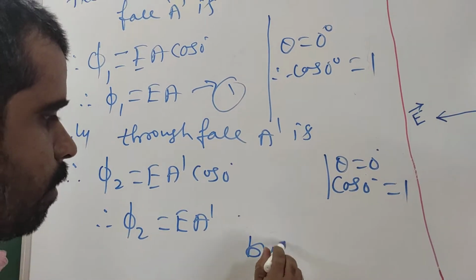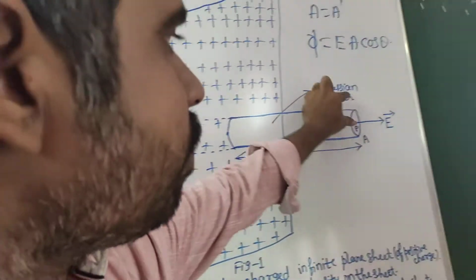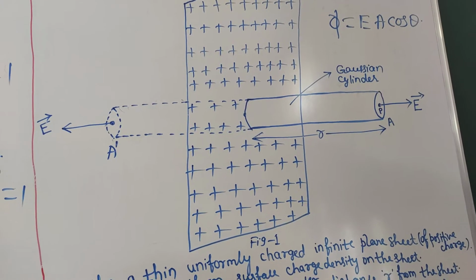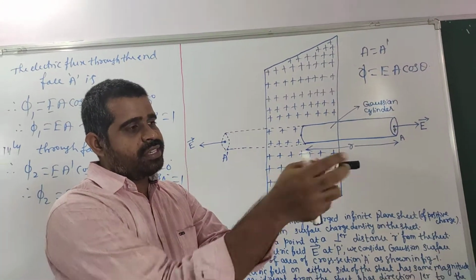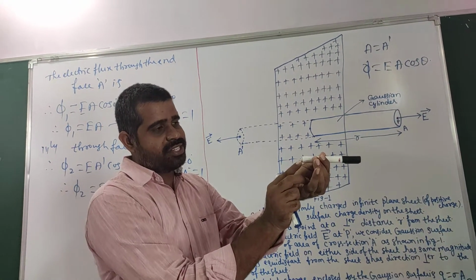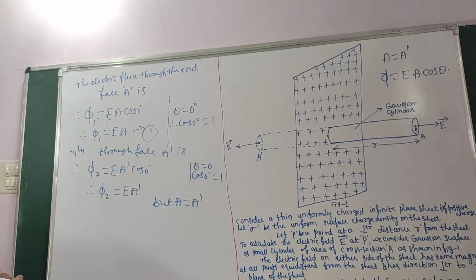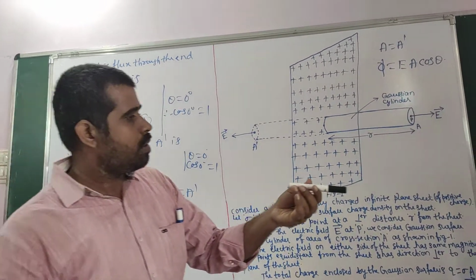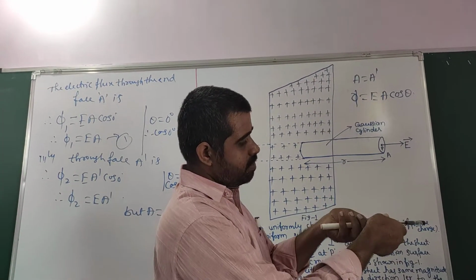But A is equal to A dash. Whatever area we have, this A and this A dash are the same. Look here. This is A dash, this is E. The direction of electric field is like this.